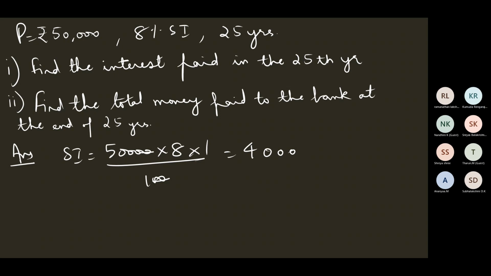If you borrow, you pay; if you have invested in the bank, you receive that interest. The interest is the same every year because it is simple interest. In simple interest, the principal value does not change; it is 50,000 for all 25 years. While in compound interest, the principal value changes every year.